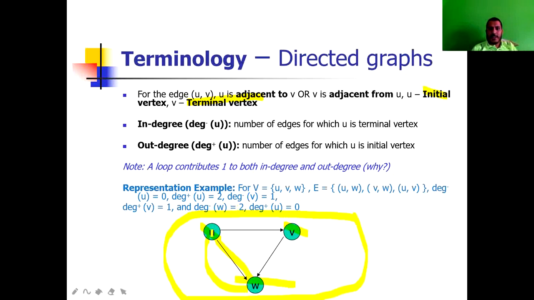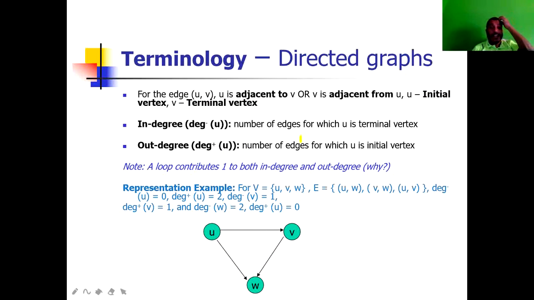We have an initial vertex U and a terminal vertex V, so this edge is incident on V, and similarly this one is incident on W.